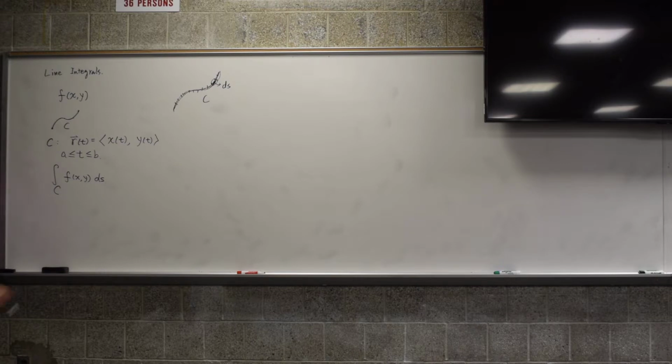Another case when we want to calculate this is when you calculate the integral of 1 ds. Now, what quantity would this give us? If f is just a constant value of 1, what kind of quantity would we get? Some scalar, but what's the meaning of that scalar? Is it an area, or a length?